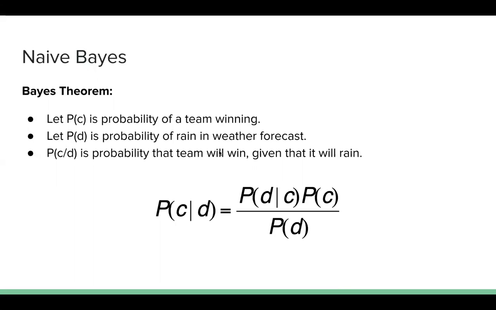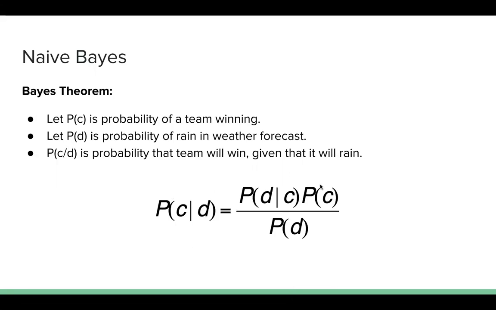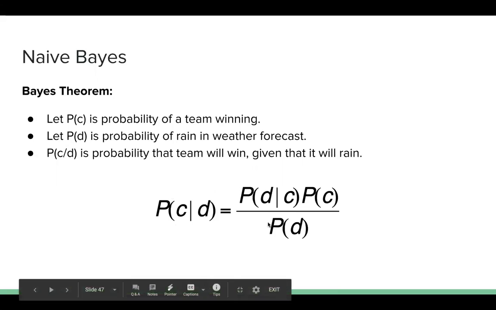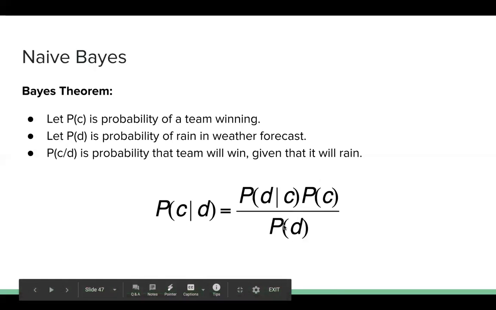P of C by D is given by P of D by C multiplied by P of C, divided by P of D. Reading it out: P of D by C is the probability that it will rain given that the team will win, multiplied by the probability that the team will win, divided by the probability that it will rain.